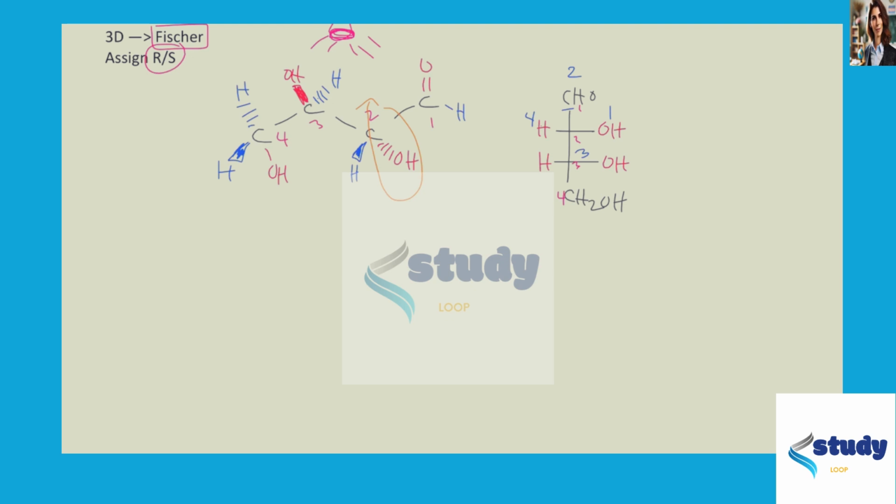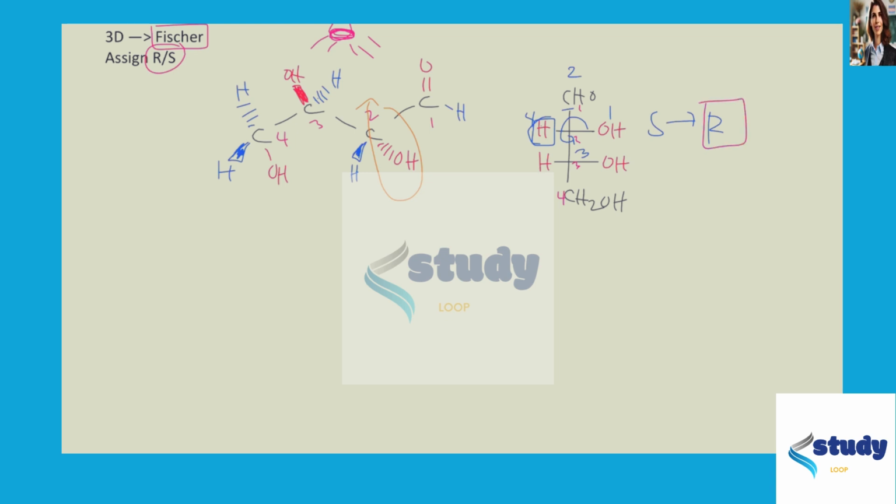Now that we have that, our rotation goes counterclockwise. It's supposed to be S, but since hydrogen, our priority 4, is in front, this would be your R configuration.